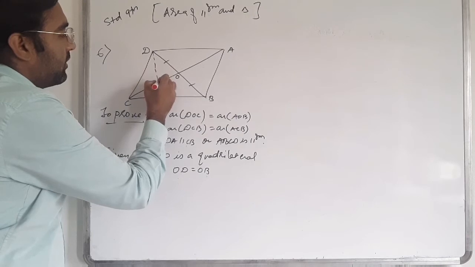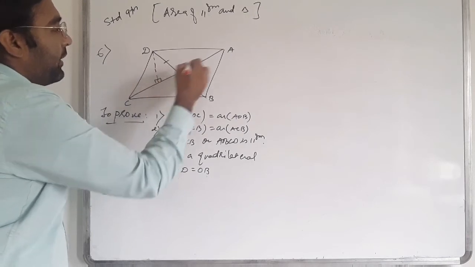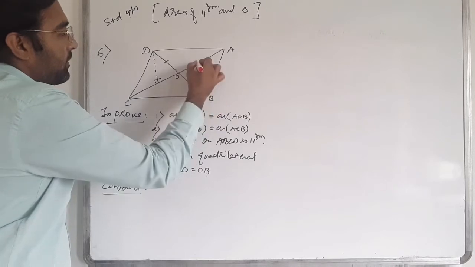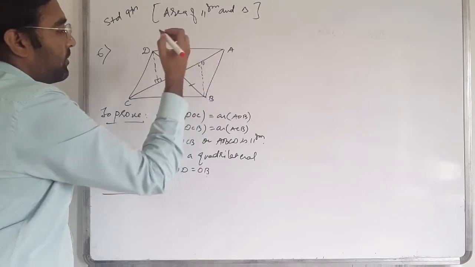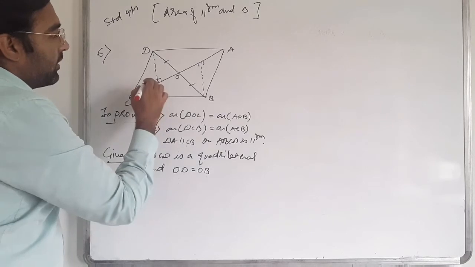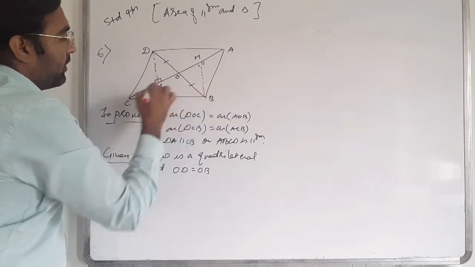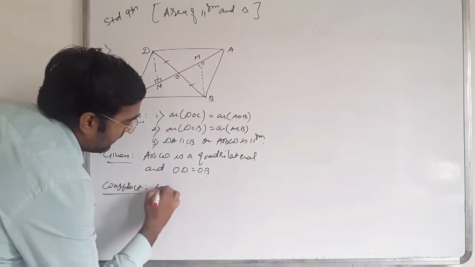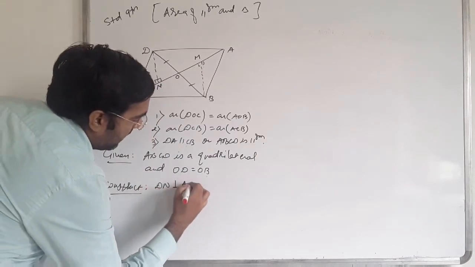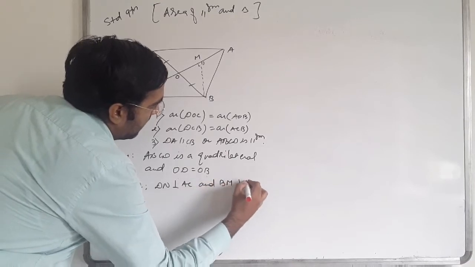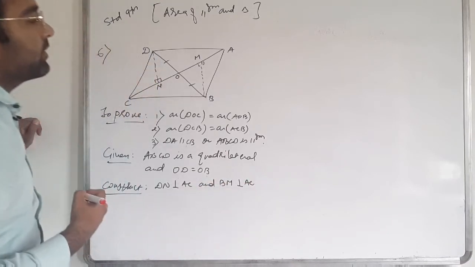Here I construct DN perpendicular to AC and BM perpendicular to AC.